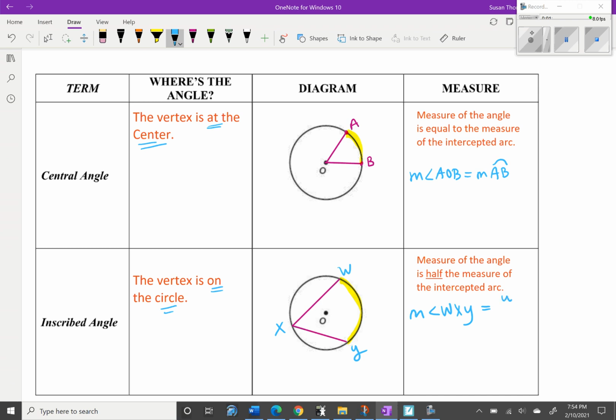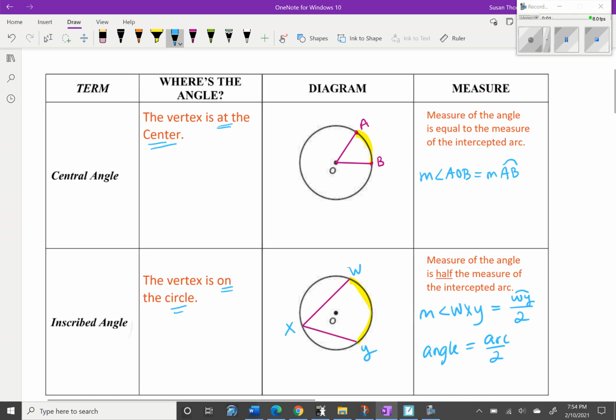So the arc is WY divided by 2. So you could also write that as the angle is equal to the arc divided by 2. So make sure to add that to your graphic organizer that we looked at the other day.